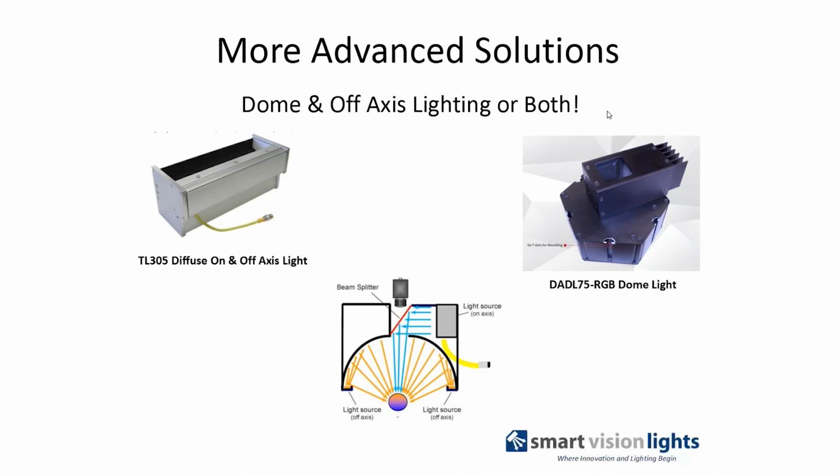This allows us to look with the camera straight, linearly on axis through here, using a bigger area. The TL305 presents a long, wide aspect ratio. The dome uses a circular area, but we no longer have the hole in the sky problem, because whichever we use, we're filling it in with the on-axis light source and getting away from the problem we had.